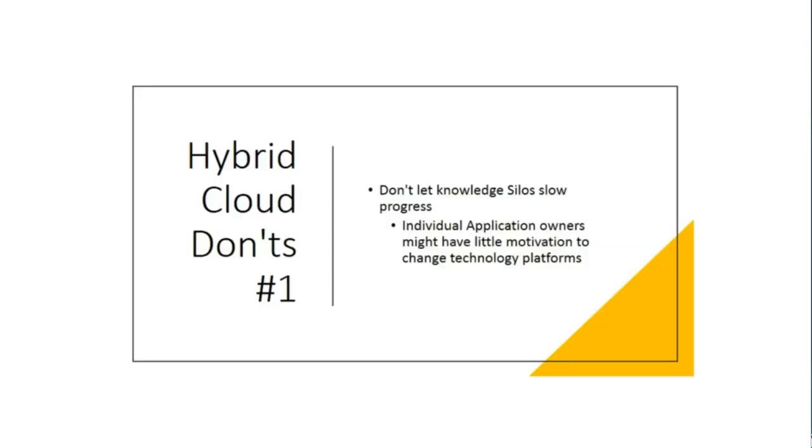All right. Okay. So now, of all the do's that we had, let's talk about some of the don'ts. When we look at adoption of cloud-based technologies, one of the biggest problems that we have is knowledge silos.